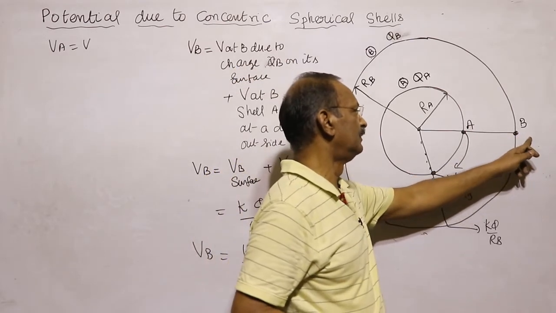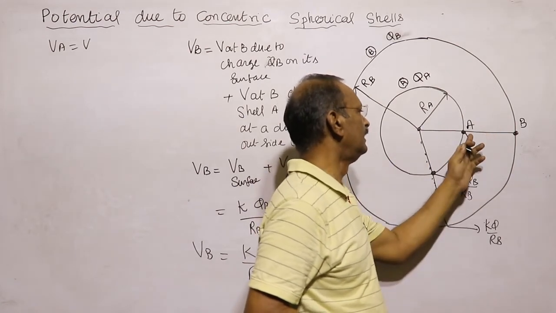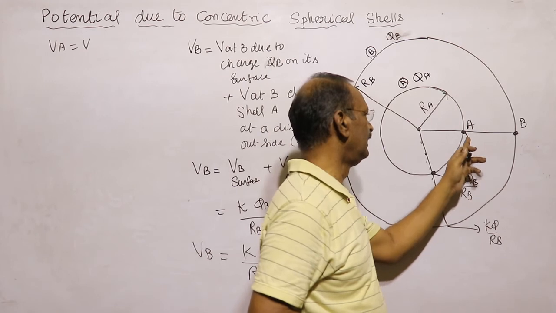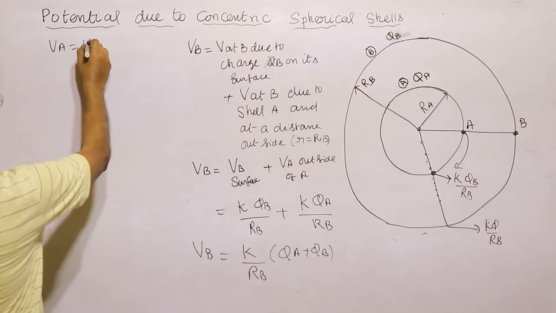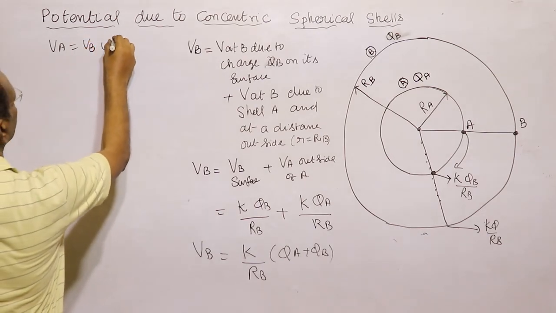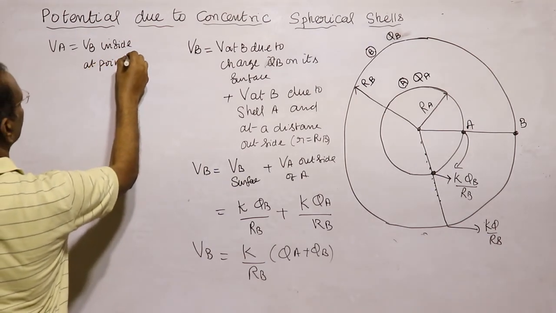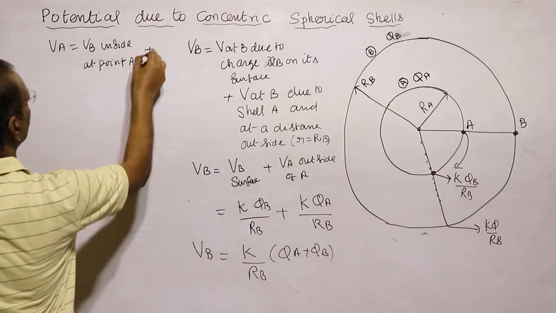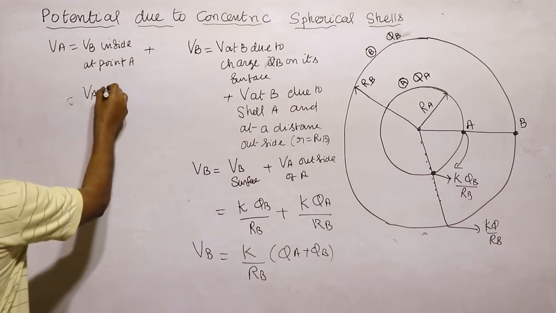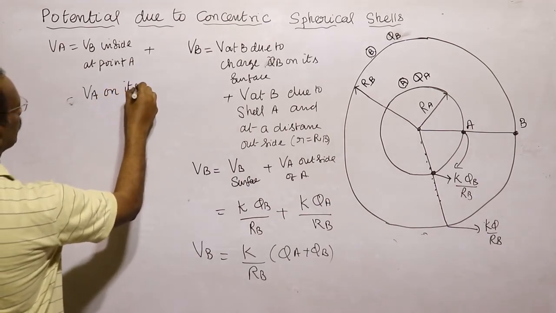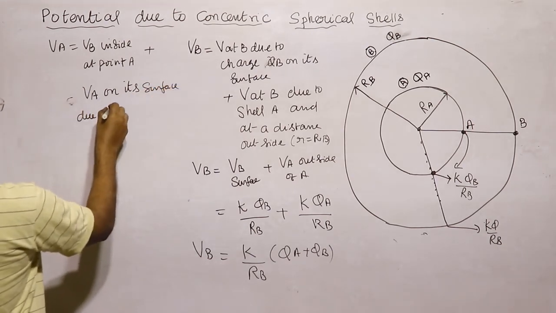It means at this point it will have the same potential. This is due to being inside, because this point is inside this bigger shell, so there will be a potential at the point E, which is equal to this much. Potential at E is the potential due to B inside, at point E, plus the potential due to A on its surface, due to charge QA.